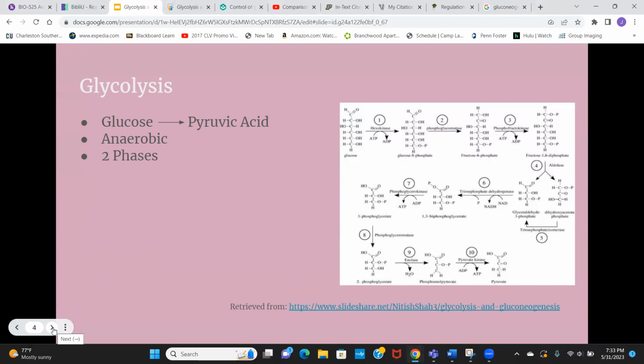The first thing you need to know about glycolysis is that it is a process that uses enzymes to break glucose down into pyruvic acid. This is a process that we find in most living organisms, and it occurs within the cytosol of our cytoplasm, within our cells. Usually we're looking at muscle cells, right?